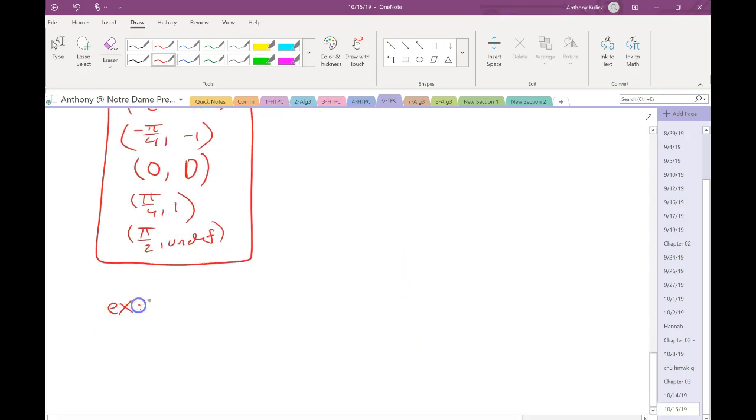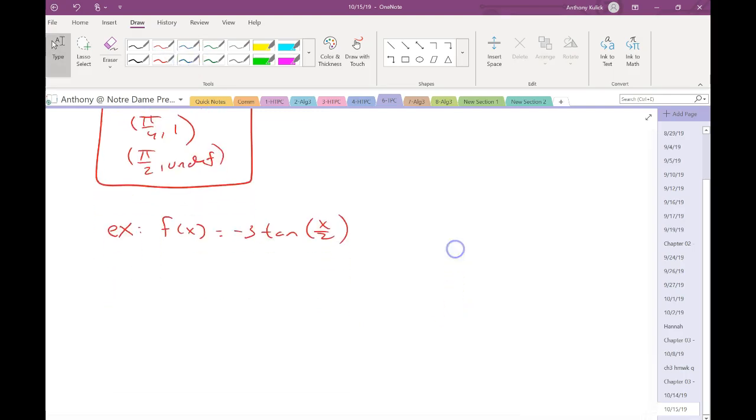Let's say we want to graph f of x equals -3 tangent of x over 2. So the first thing I'm going to do is identify my values for a, c, h, and k.